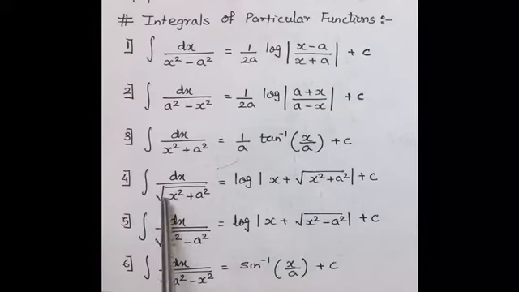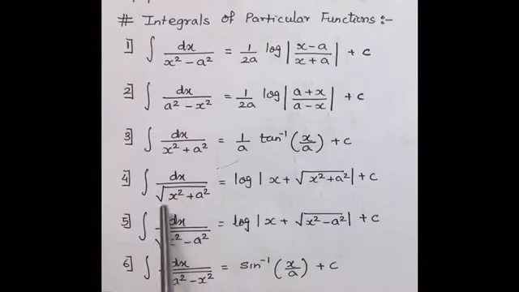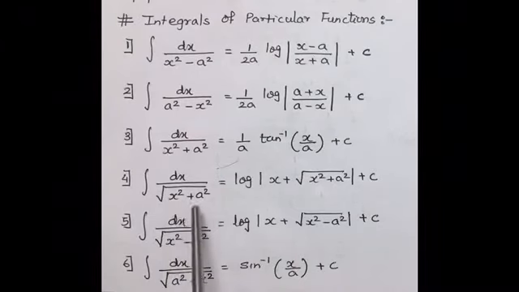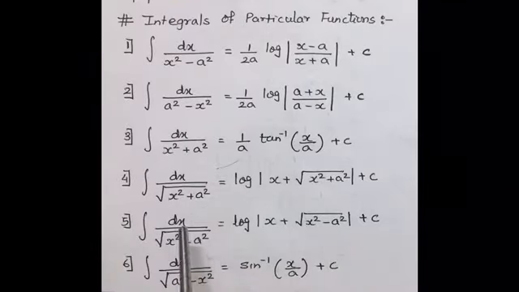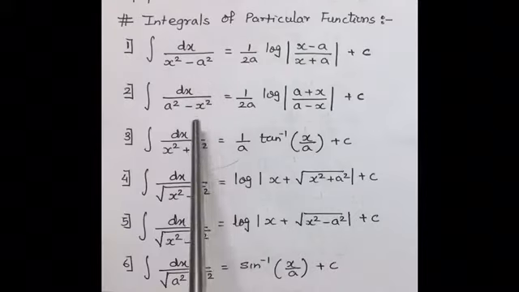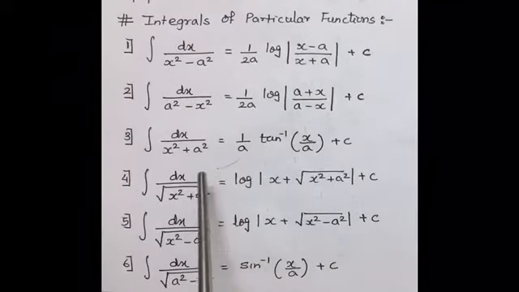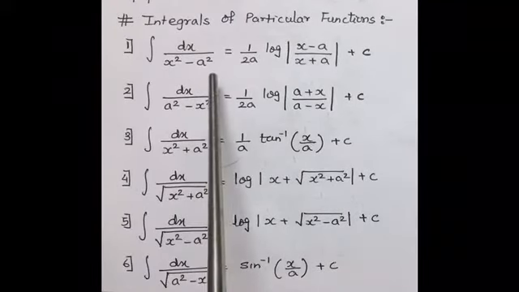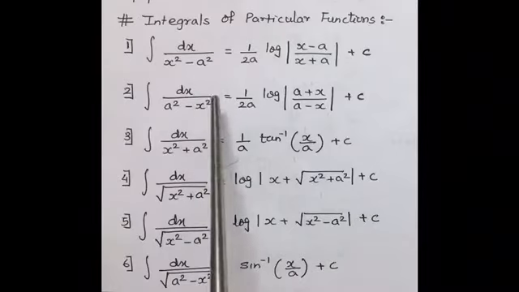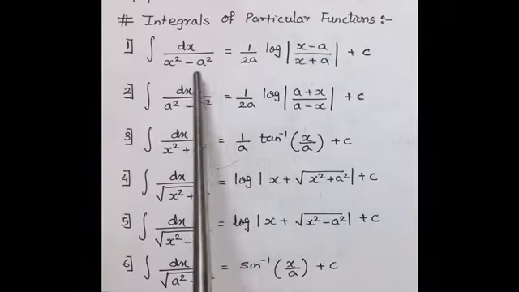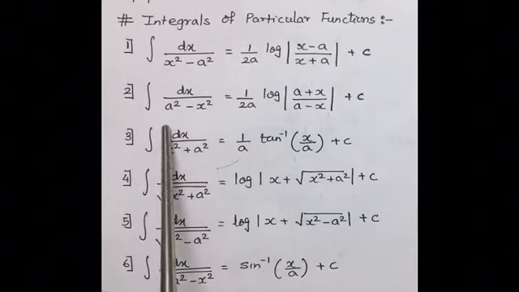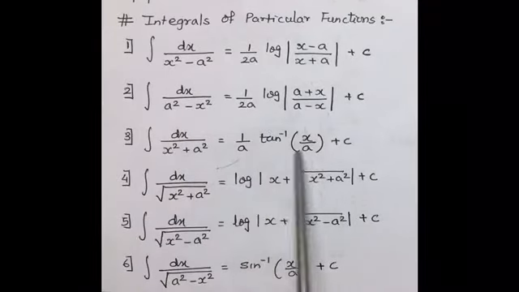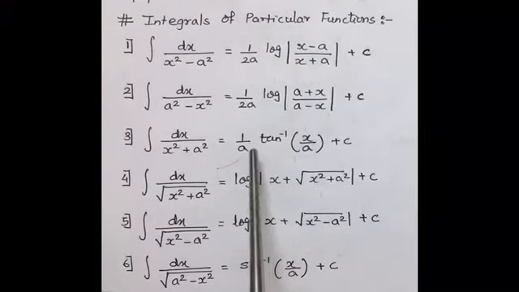Fourth is integration of 1 upon root of x square plus a square. Now you will find that in the previous three integrations we covered, we almost came across a square and x square, but here as the sign changes and the position of x square and a square changes, the integration will also be different.